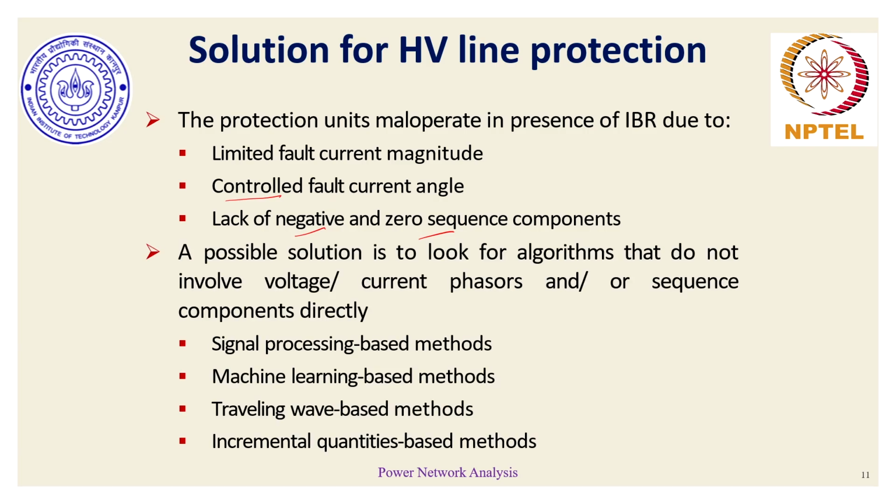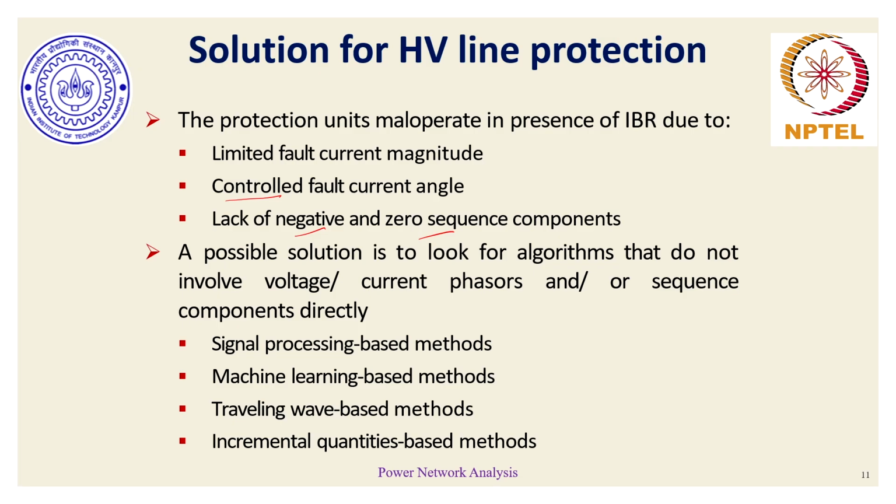So a possible solution for mitigating these issues with inverter based resources is to not just depend on conventional Fourier transform based relay setting evaluation, which we have not discussed, but those of you who are interested may explore topics or courses on power system protection, where conventional voltage ratio and current ratio are based on conventional discrete Fourier transform based devices, which do not involve certain sequences.